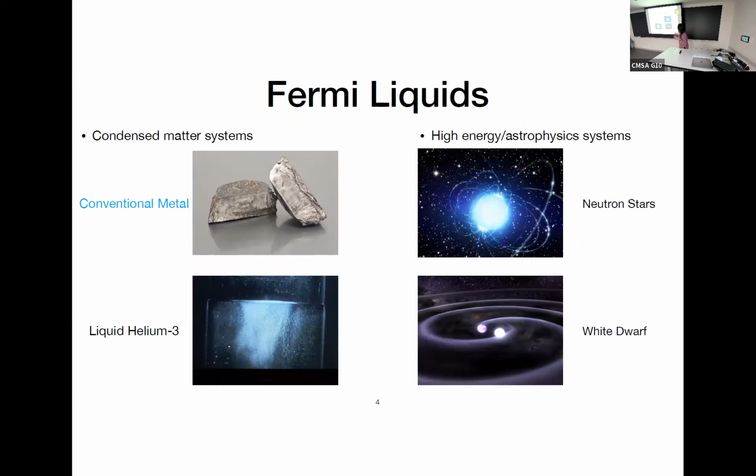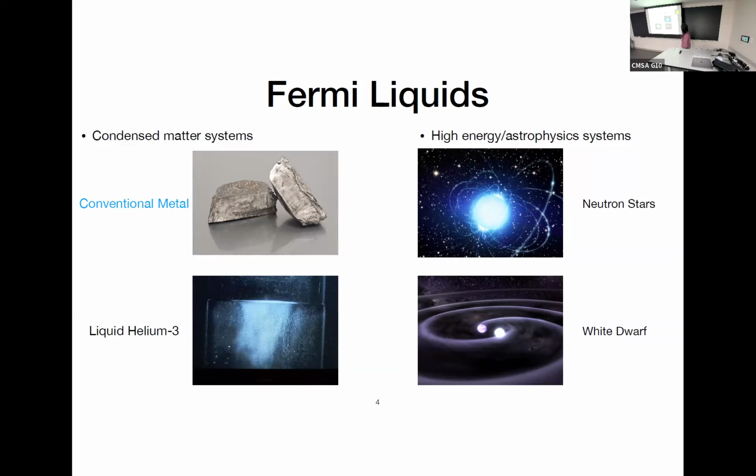Now we can ask, what are the applications of this Fermi liquid problem? They range from condensed matter systems to high energy and astrophysical systems. In condensed matter, there are conventional metals and even liquid helium-3.